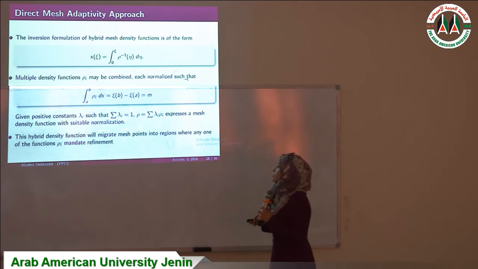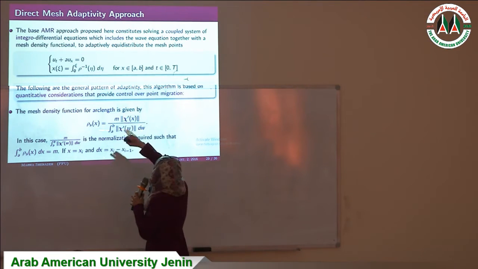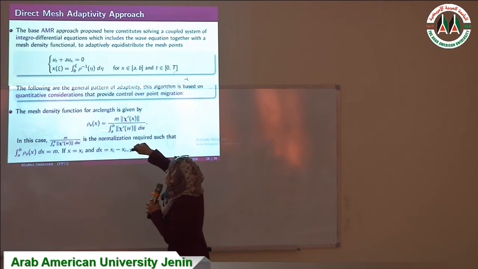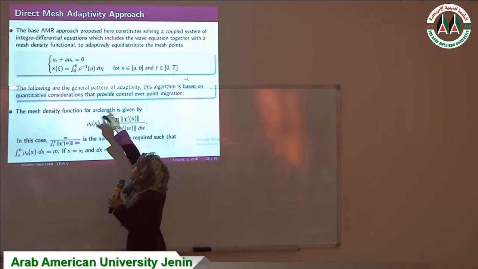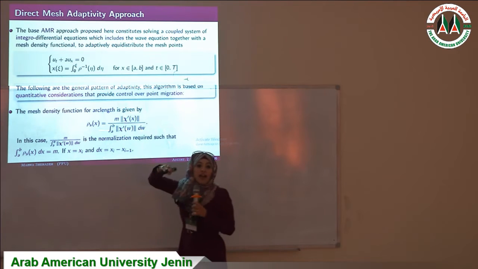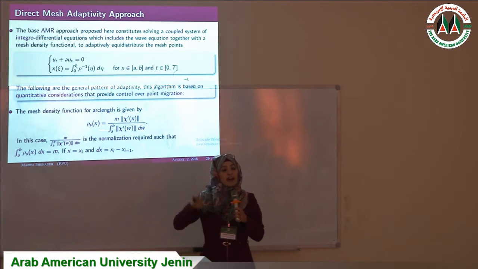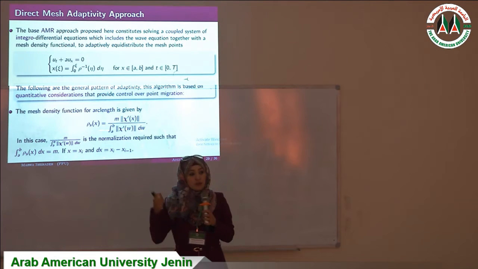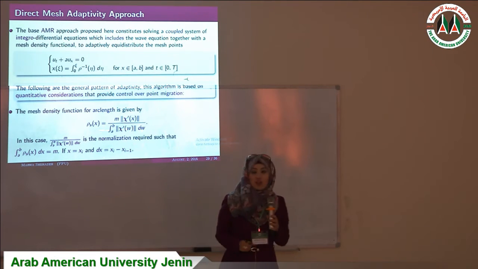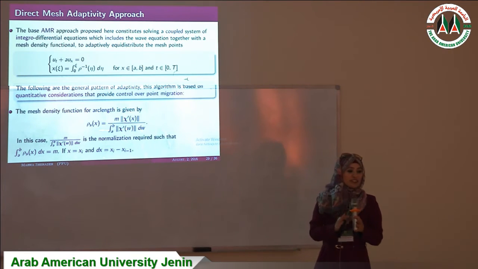Okay, so this is the coupled system. This is the coupled integral differential equation from the wave equation ut plus aux with the mesh equation x zeta. By solving this system, we get the closest numerical solution to the exact solution.